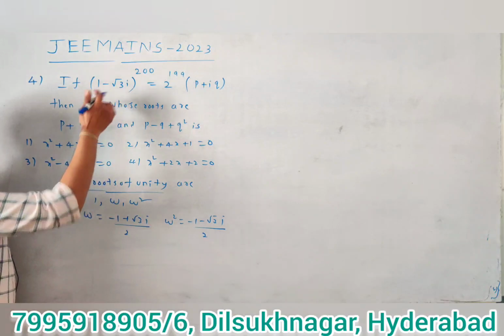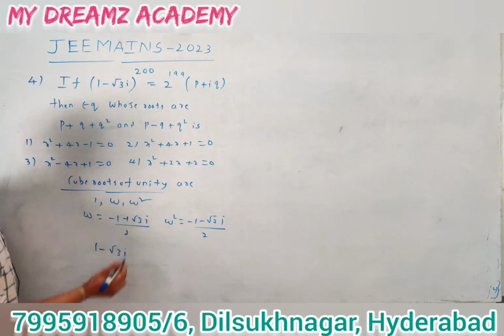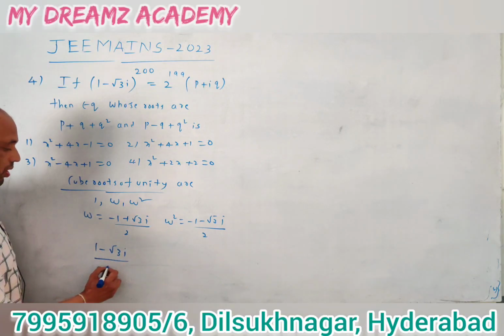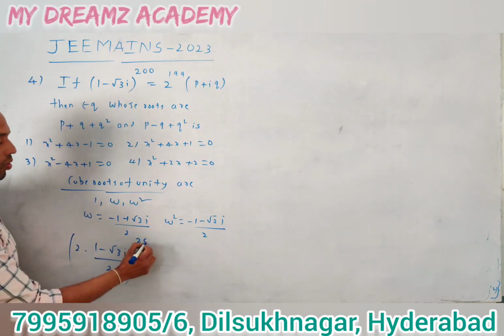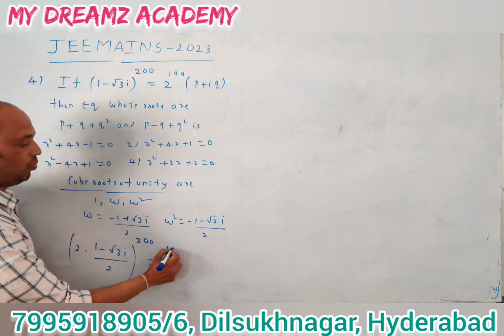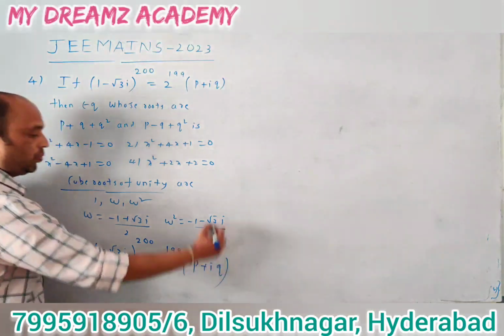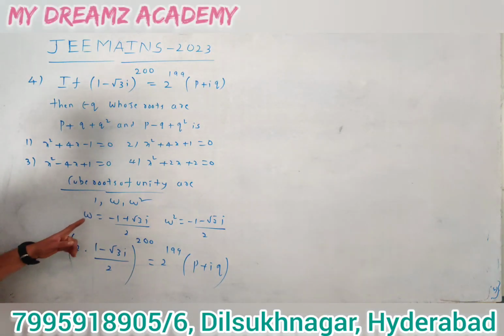So further simplify this term, 1 minus root 3i, by multiplying and dividing with 2, we get 1 minus root 3i by 2. So 2 power 200 is equal to 2 power 199 (p plus iq). Here we already know that this value is omega.